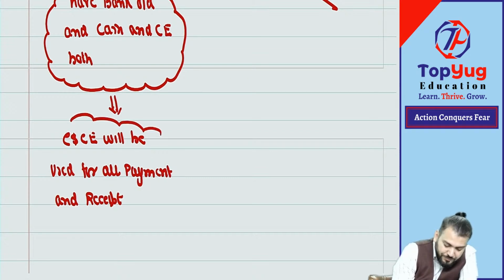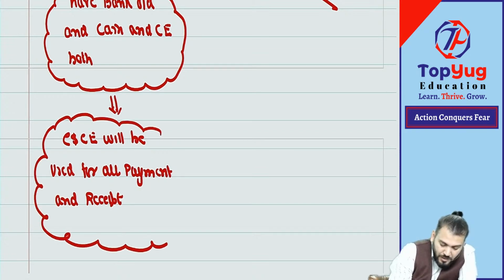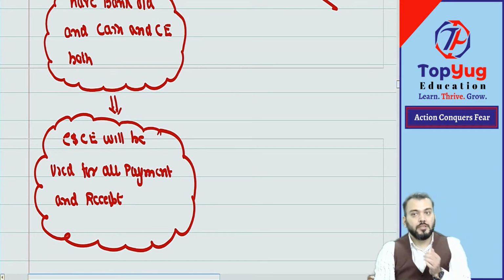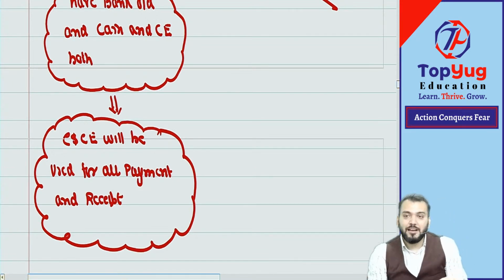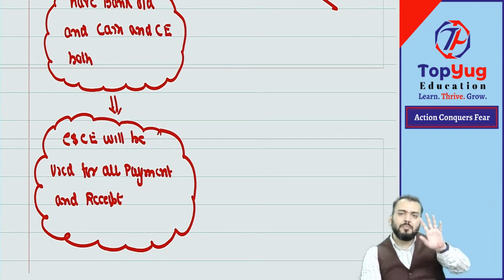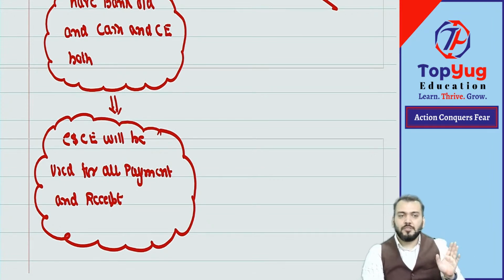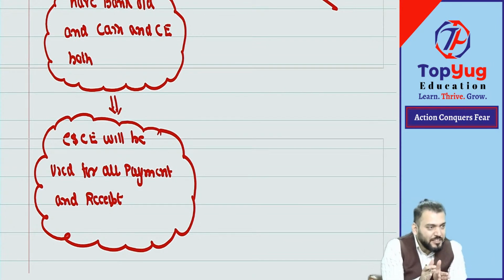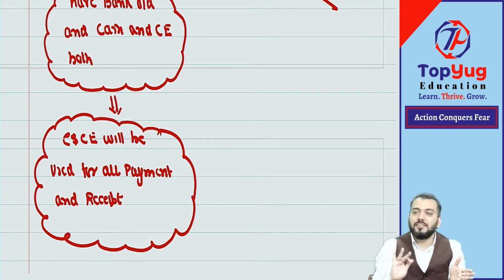Understood this point? If you have both bank overdraft and cash equivalent in the balance sheet, then bank overdraft will remain as it is. You use the cash and cash equivalent account for all the payment and receipt.